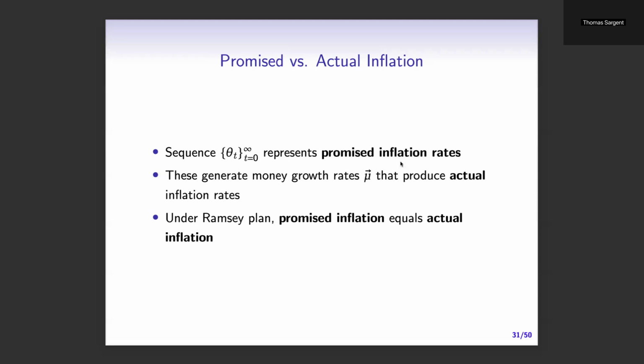That's why we call this, this is Chang's notation. So these generate money growth rates, mu, a whole sequence that produce actual inflation rates that are equal to the promised rates. So under a Ramsey plan, promised inflation equals actual inflation. And what you'll notice here, and it's evident from thinking hard about the Calvo problem, is that Calvo's problem builds heavily on rational expectations.